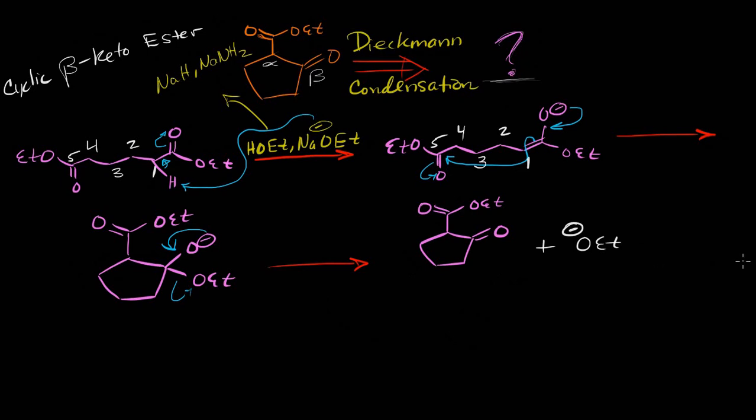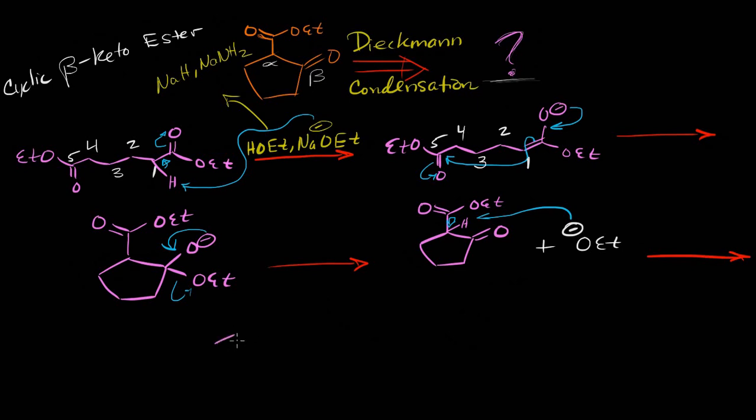And this poses a small problem, easy to fix, but there is a proton right here that is in between two carbonyls. We know protons in between two carbonyls on an alpha carbon are very acidic, and so the ethoxide can easily pull that proton off, and it will. So when it does that, not the end of the world.